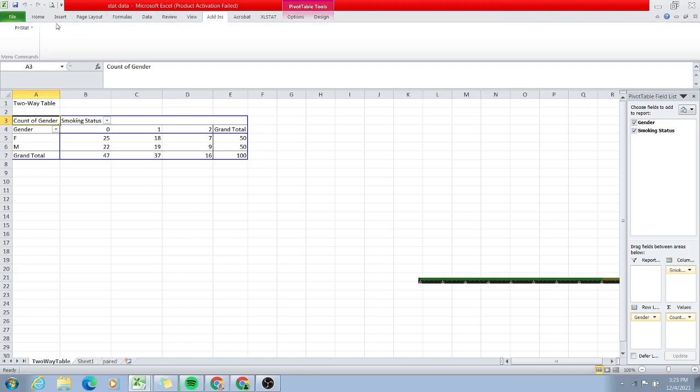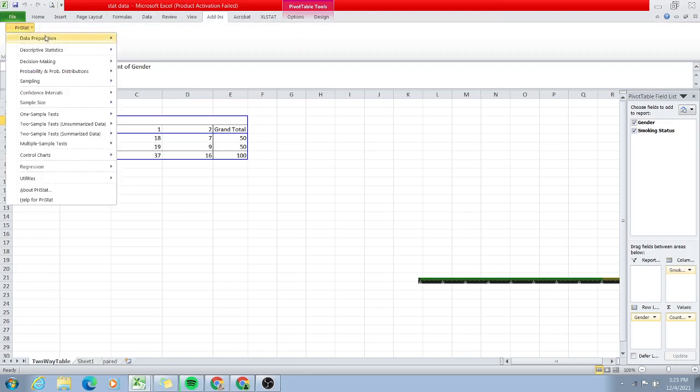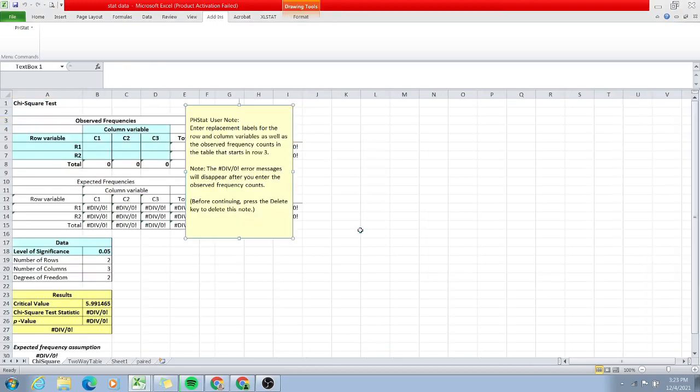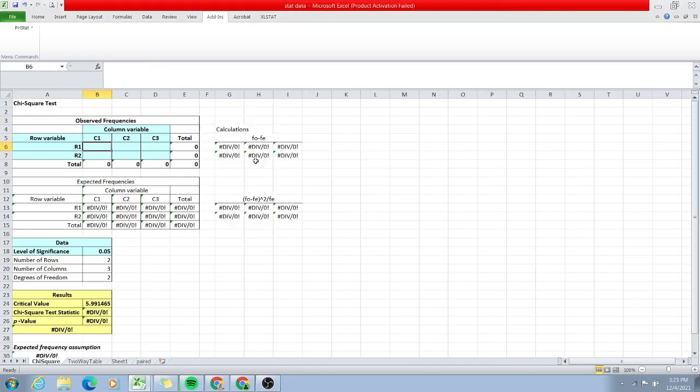Go to add-ins, choose PHSTAT, and then go to multiple sample test and choose chi-square test of independence. The level of significance is 0.05. Number of rows is 2. Number of columns is 3.